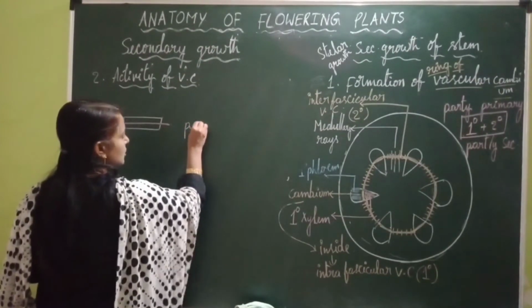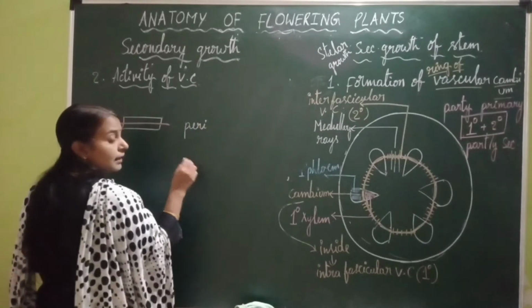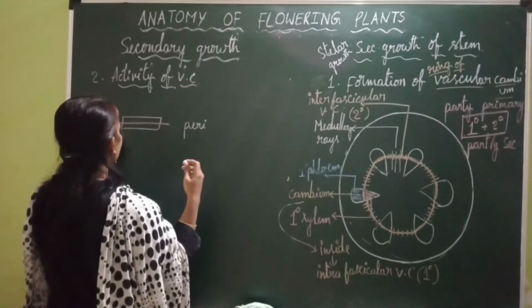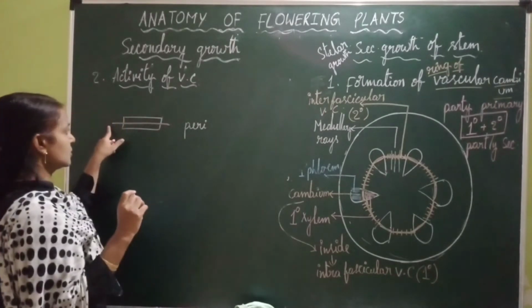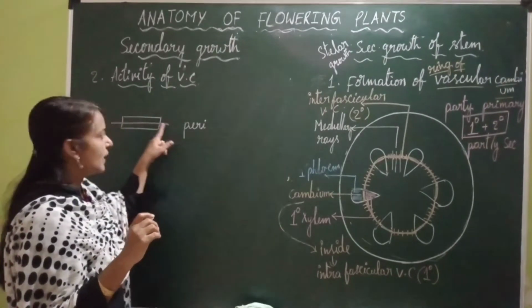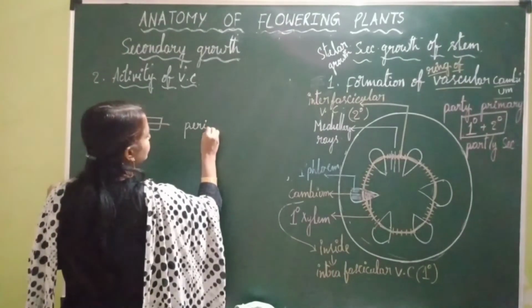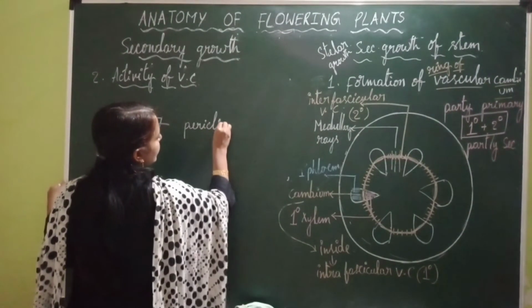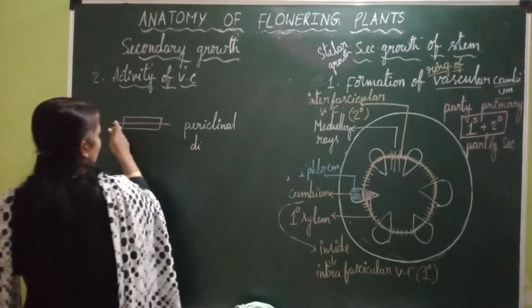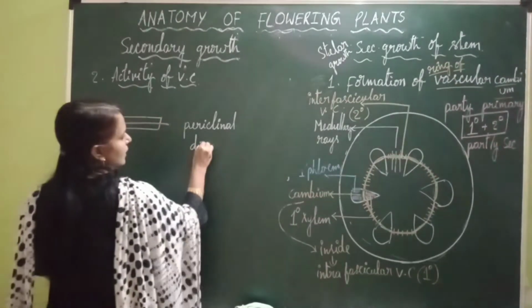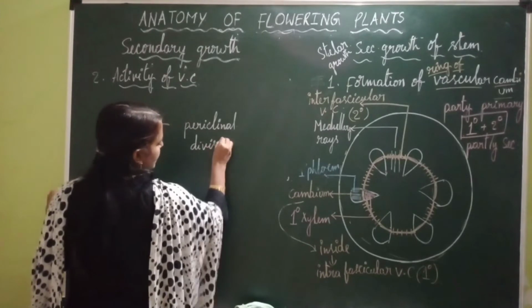Periclinal division means the cell division occurs parallel to the axis of the cell. The division which occurs parallel to the axis of the cell is called periclinal division, right?